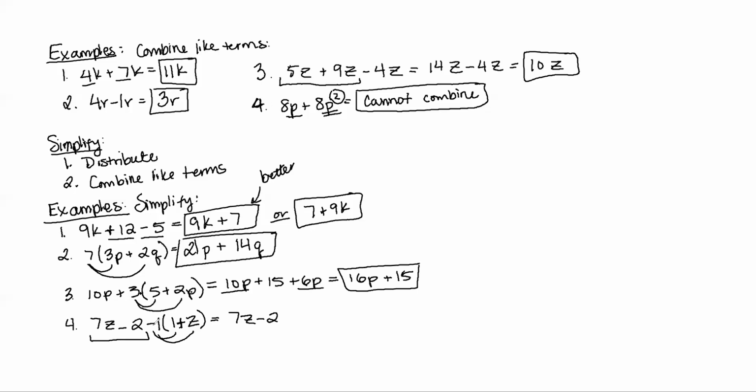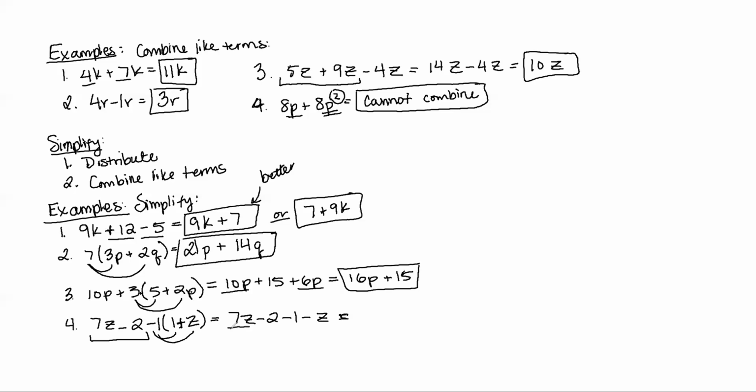So -1 times 1 is -1. Negative 1 times z is negative 1z, or negative z. We're going to just drop those ones off of the variables. Or you can keep it if you want, if you prefer seeing it there. And now we can go ahead and combine. So let's check for like terms.